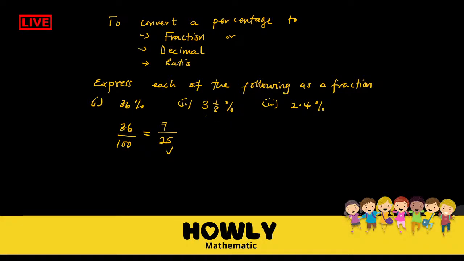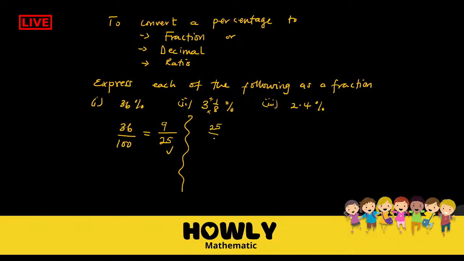Now the second one, which is a mixed fraction. The first thing we need to do is to change the mixed fraction to an improper fraction. What it means is that the answer we get is added to the numerator, so 8 times 3 will give us 24, plus 1 gives 25.